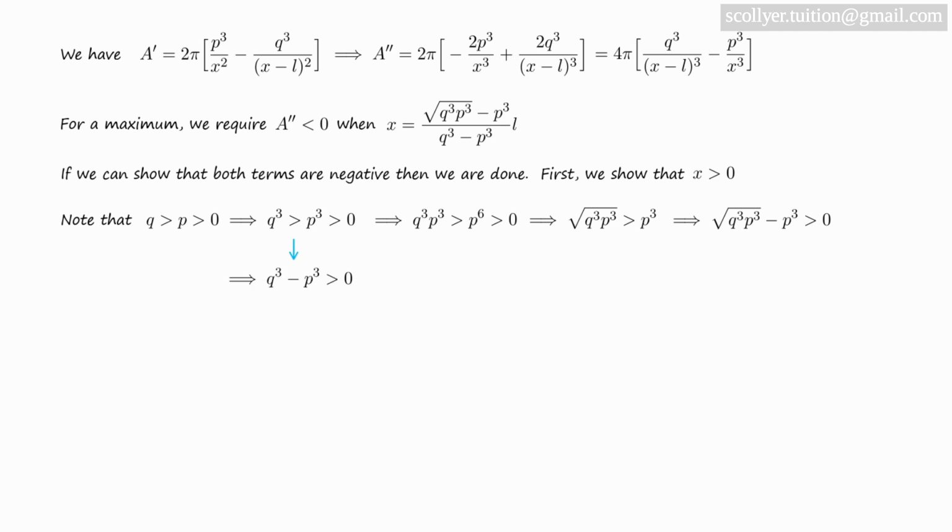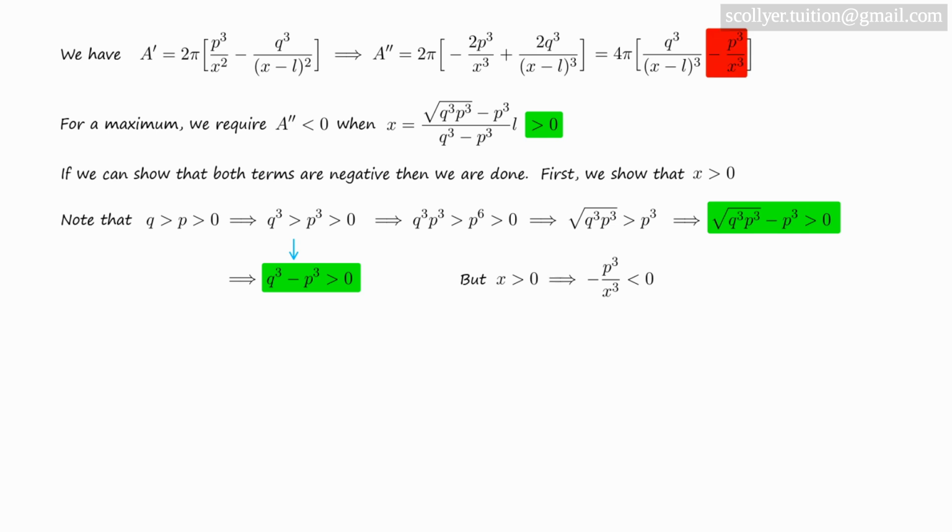In addition, we have that q cubed minus p cubed is greater than 0, and so with this quantity and this quantity being positive, then we have that x is also positive. But since x is greater than 0, then minus p cubed over x cubed is less than 0, and so this term is negative.